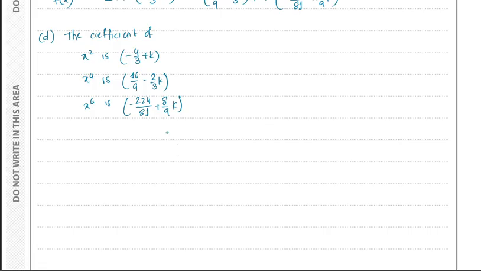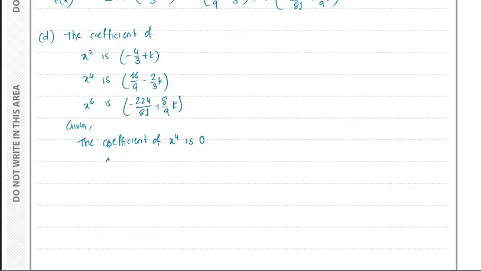So they have given that the coefficient of x to the power 4 is 0. We know that the coefficient of x to the power 4 is 16 by 9 minus 2 by 3 k.